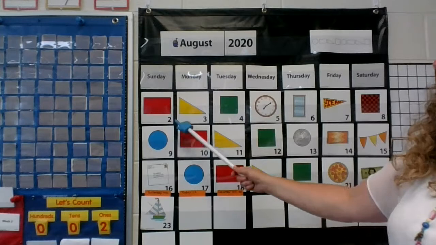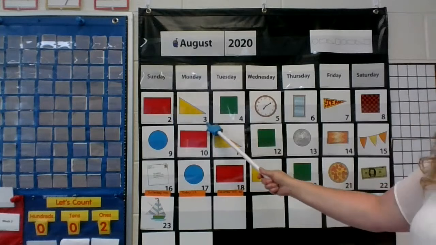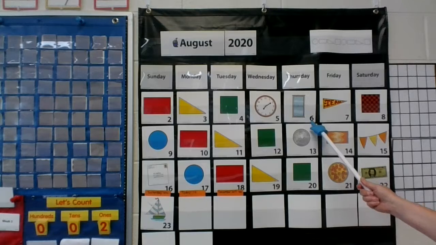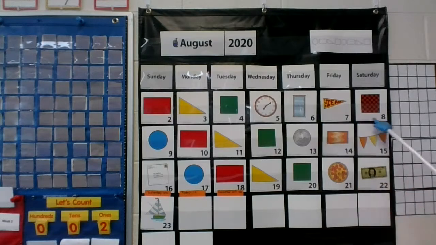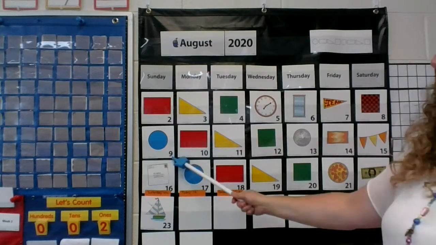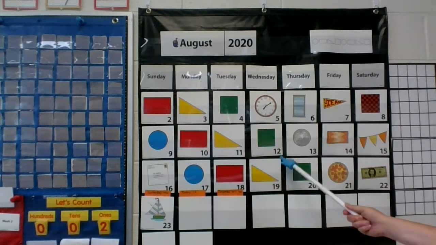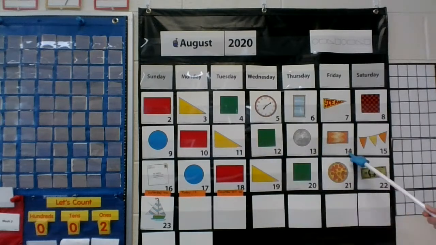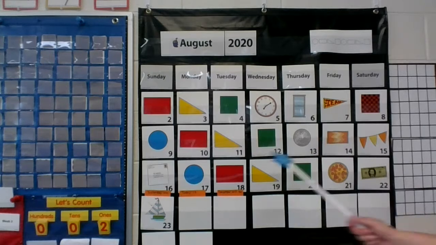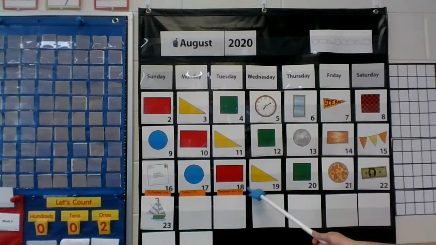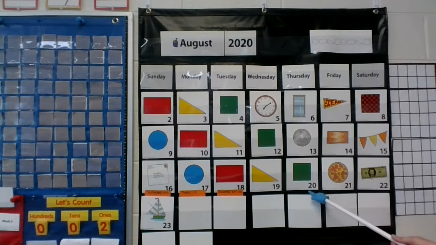So we had the second. So 2, 3, 4, 5, 6. Are you counting along with me? 7, 8, 9, 10, 11, 12, 13, 14, 15, 16, 17, 18, 19, 20.